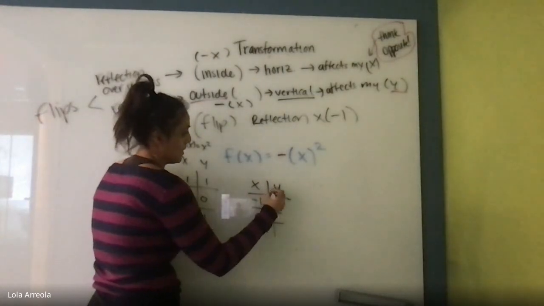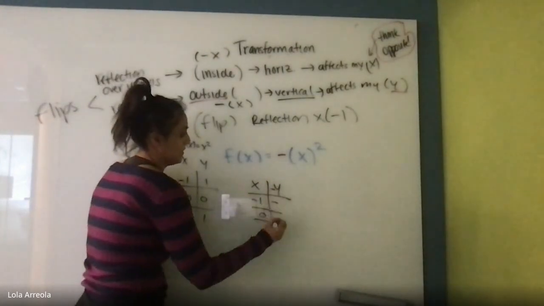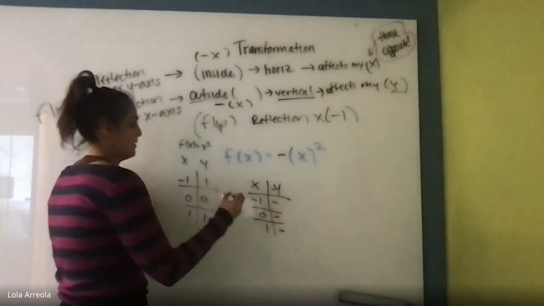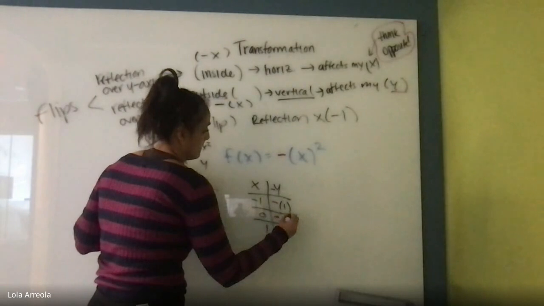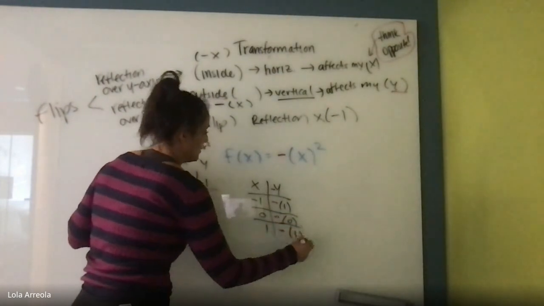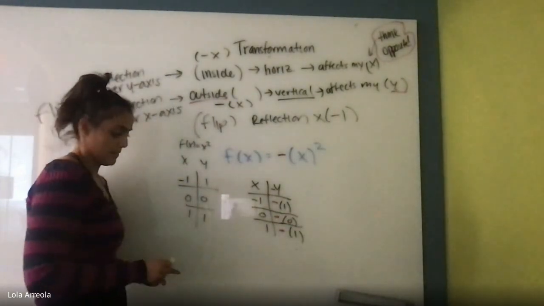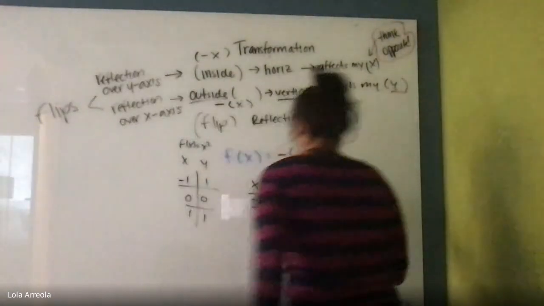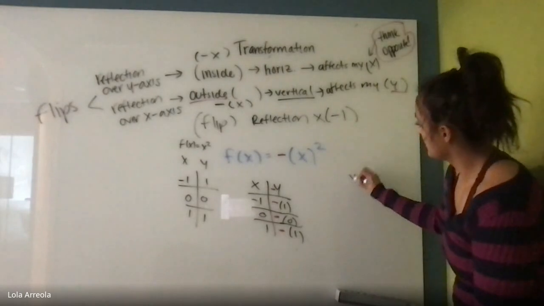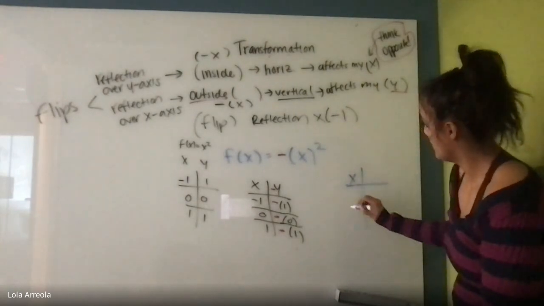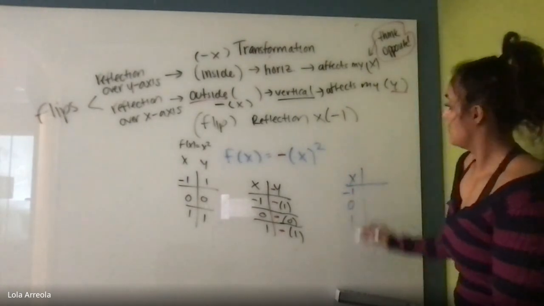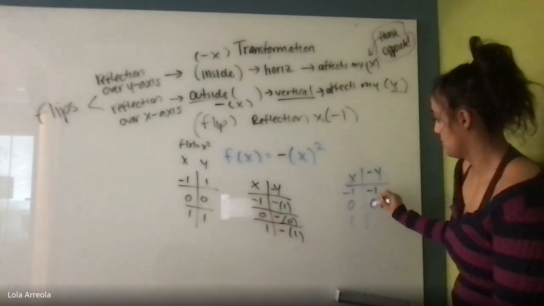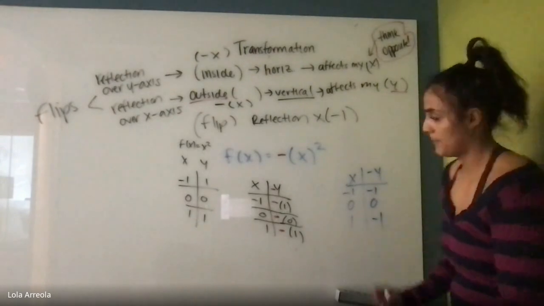So I multiply my original y's by a negative. My result is x's stay the same, -1, 0, and 1, but now I have a negative y: -1, -0 is just 0, and -1 again.